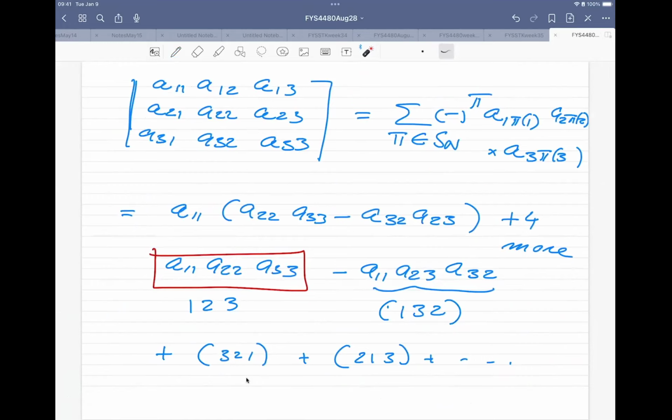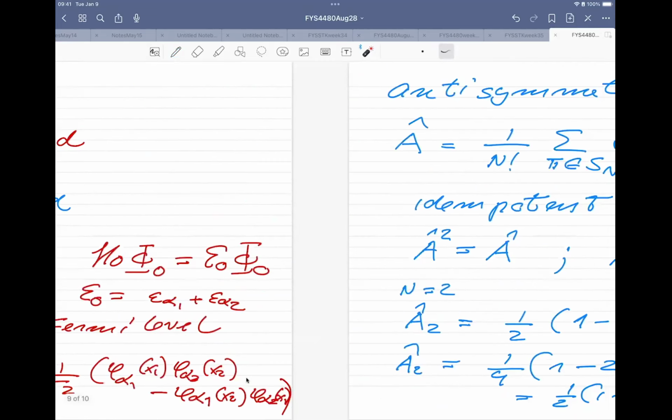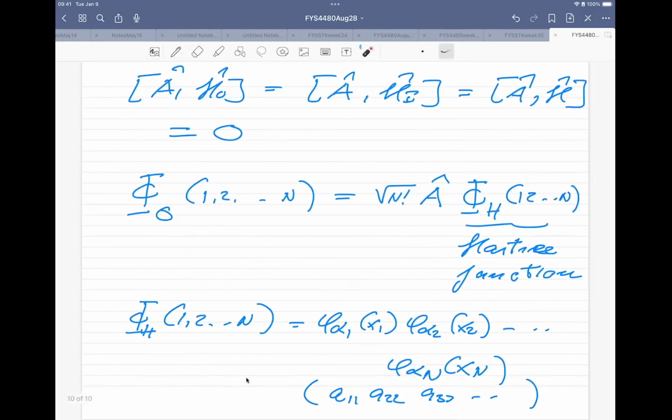Now, you don't want to save 6 configurations. You save only one. And then you have these operators which bring you to the other ones. So we're going to have a kind of ground way of representing a specific state. And we know that by acting on that specific arrangement with this operator, we are getting all the other possible arrangements.